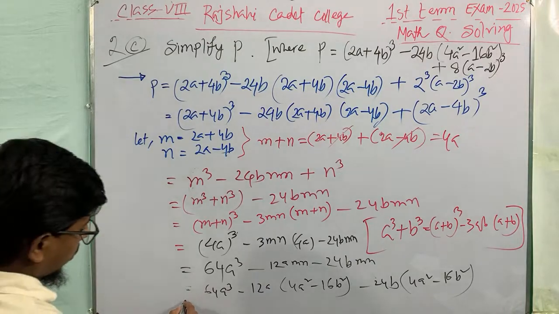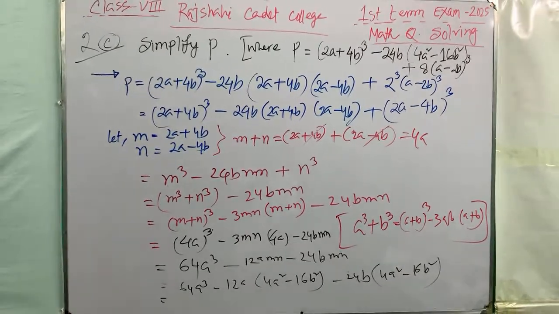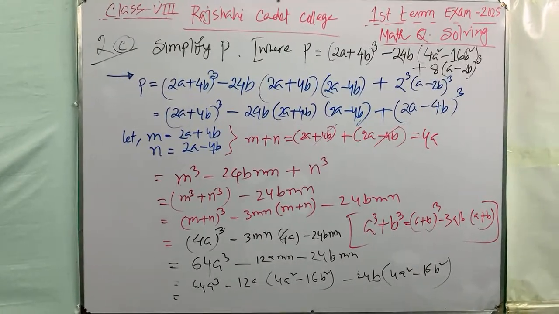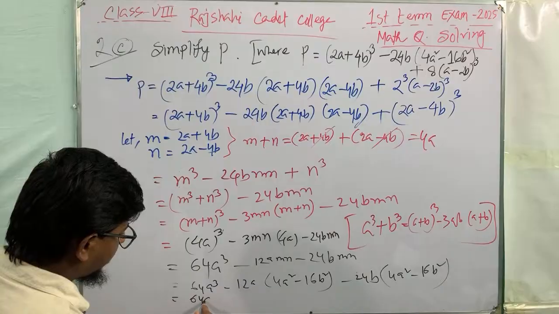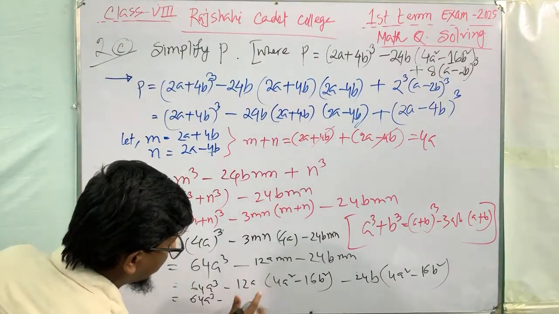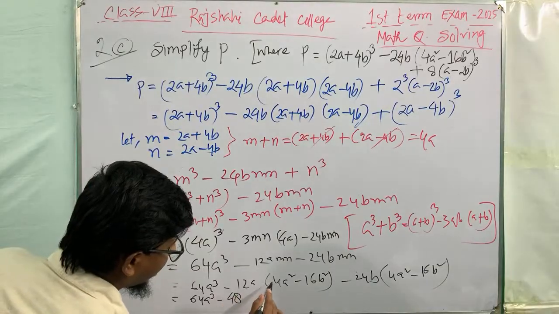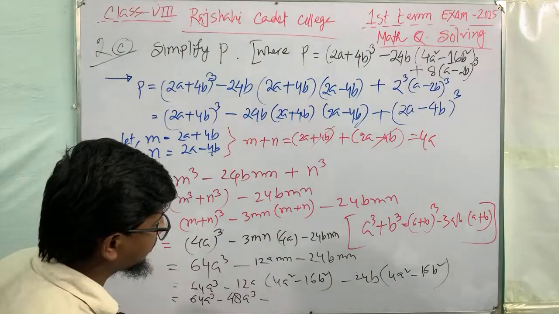Okay, so in the next line, we have 64 a to the power 3 minus 12 times 4 is 48. A to the power 3 and a square will give us a to the power 3.